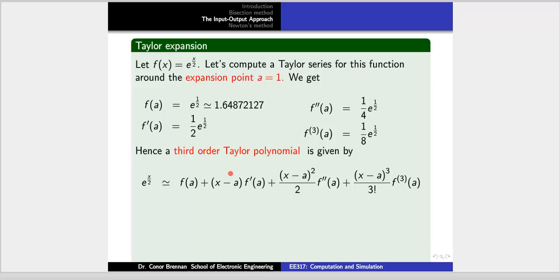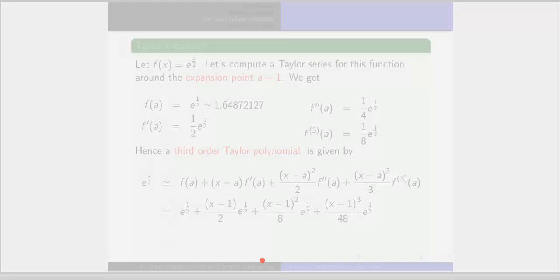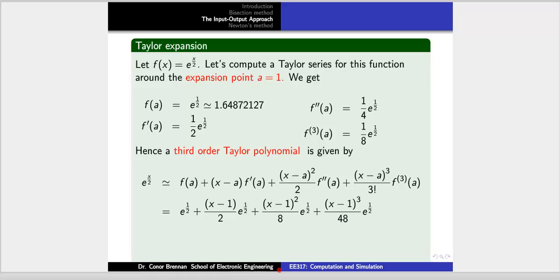So we get f of a, which is this number here, plus x minus a times this number here, plus x minus a, which is x minus 1, because we're assuming a is equal to 1, x minus 1 squared over 2 times this number, plus x minus 1 cubed over 6 times this number. And this is just a polynomial. You can expand that out, you'll get a constant term, an x squared term, an x cubed term. Okay, and you can simplify it, that's what you get. You can simplify it a little bit more, and that's what you get.